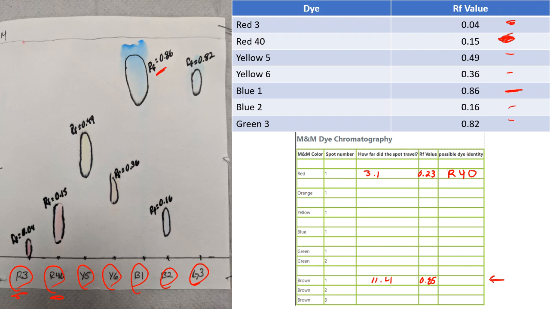So that means that this one is probably blue 1. So you guys just need to use that kind of analysis to determine which dyes make up the colors on the M&Ms. Red only has 1 dye, orange only has 1 dye, yellow only has 1, blue has 1, green has at least 2, and brown has at least 3.